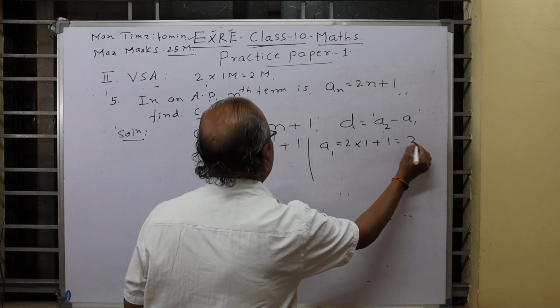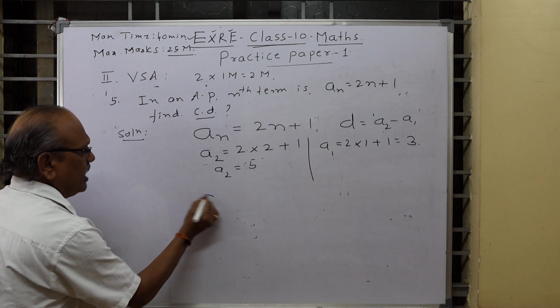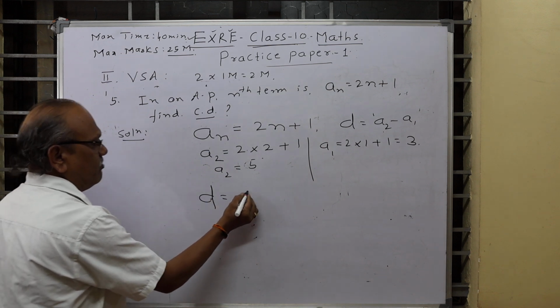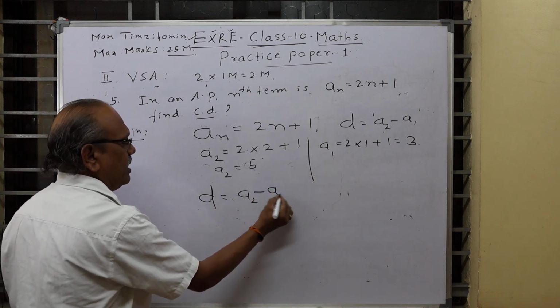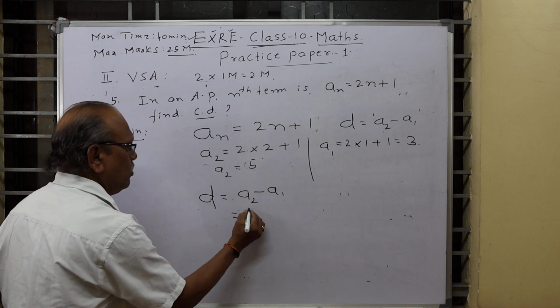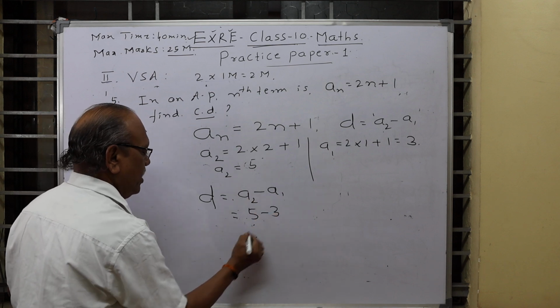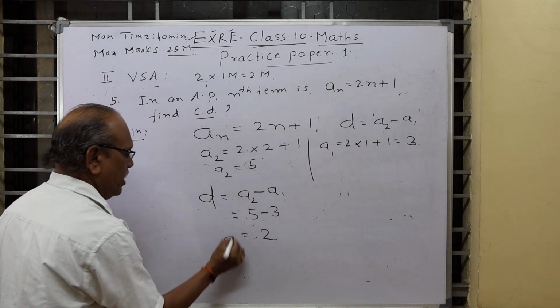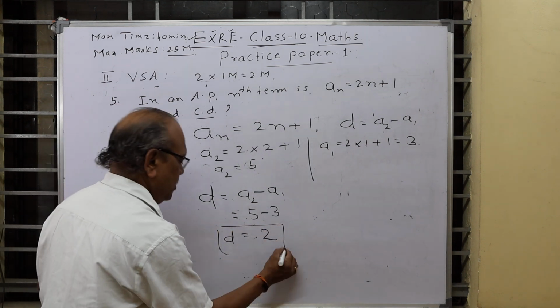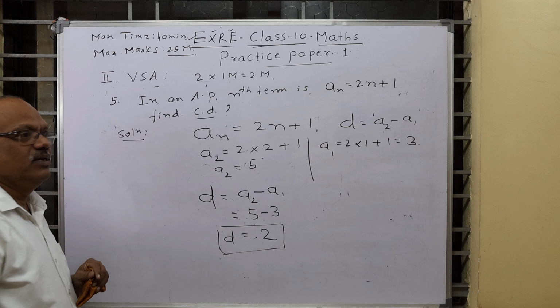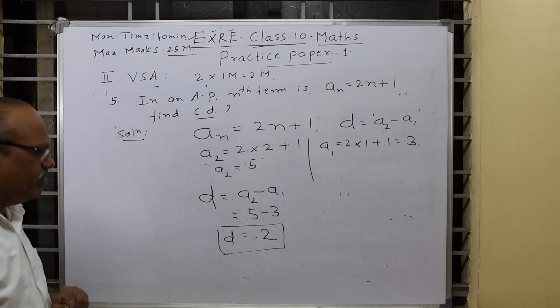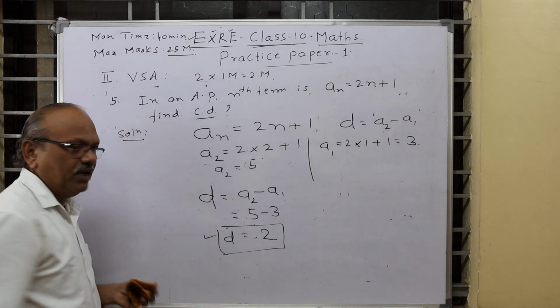What do you get? 3. Now you are asked to get d. What is the formula for d? a2 minus a1. a2 is 5 minus 3. What is 5 minus 3? 2. Therefore the common difference is 2. Is it clear to you? We'll have a short break and continue the remaining part of it.